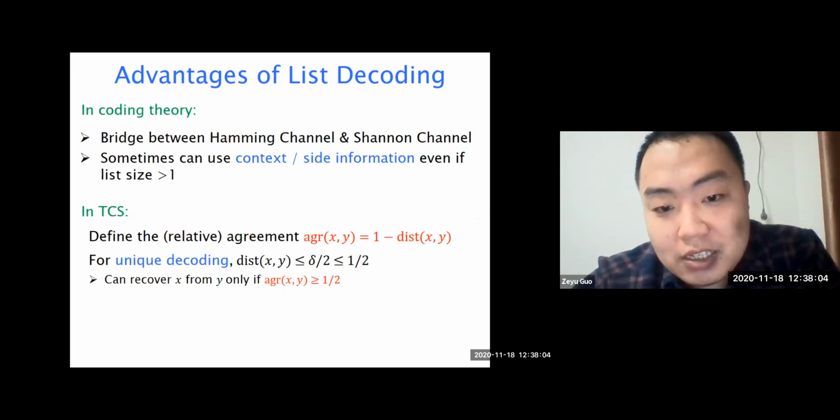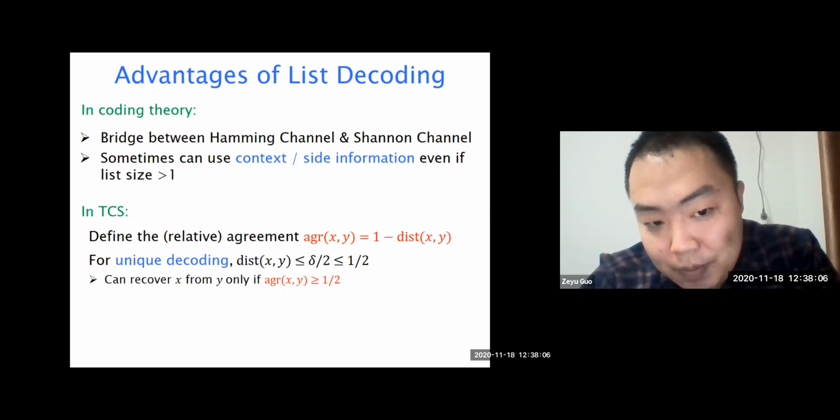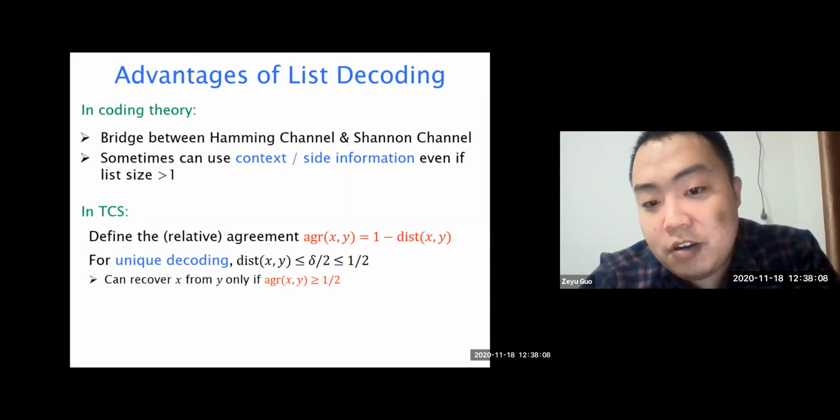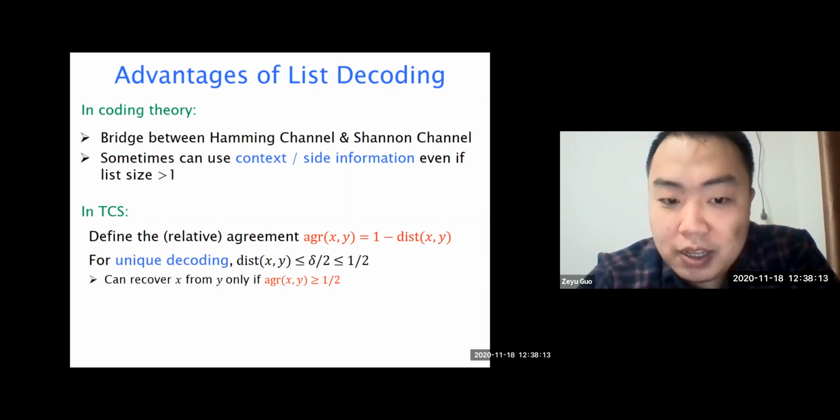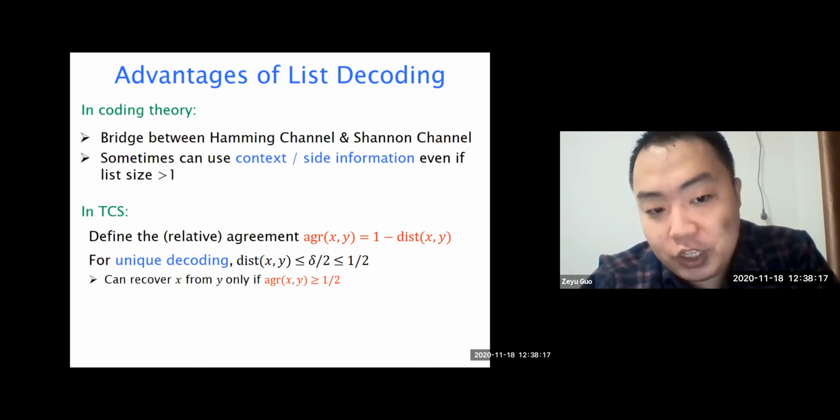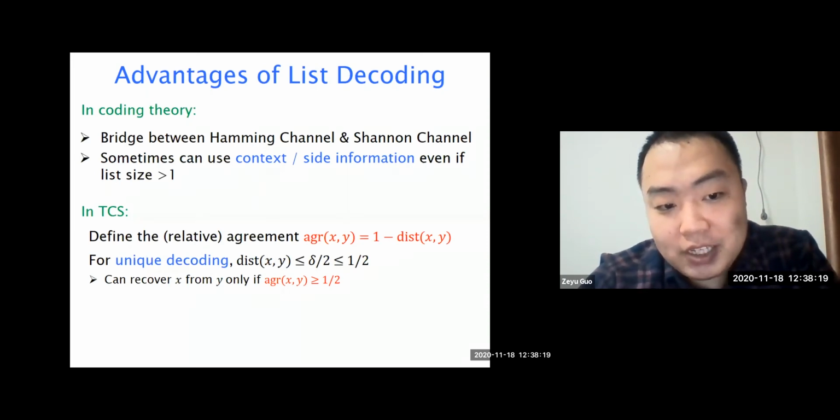And delta, the minimum distance, is a number between 0 and 1. This means the distance can never go beyond 1/2. So if you look at the agreement, it has to be at least 1/2 for unique decoding. Otherwise, x will not be unique.